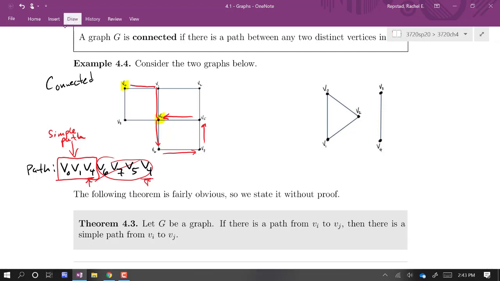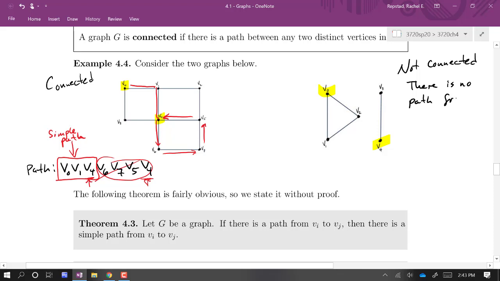Now looking at this graph on the right, this is not connected. It's not connected because, for example, there is no path from v0 to v4 in this graph. In fact, a graph that's not connected almost looks like you have multiple graphs there.